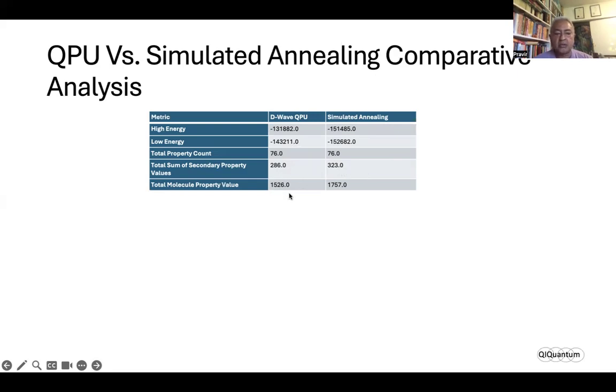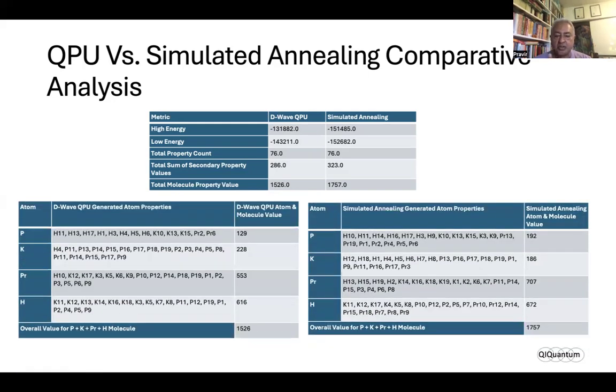And the total molecular property value of the optimized molecule, which was surfaced as a result of many different possible combinations, was again in a similar ballpark. And as we look at the constitution of these idealized molecules, we can see that they have different energetic imprints that are assigned.